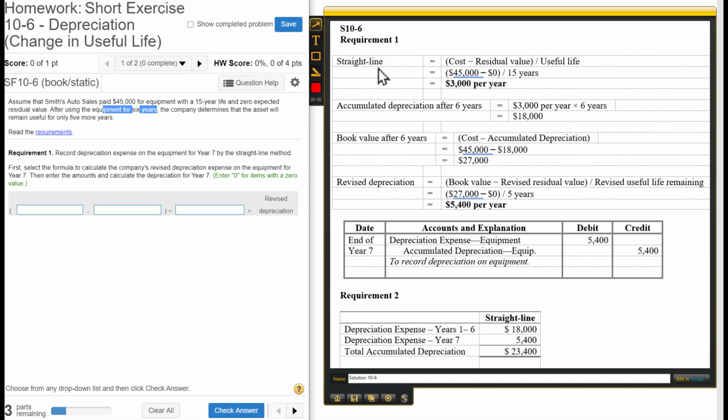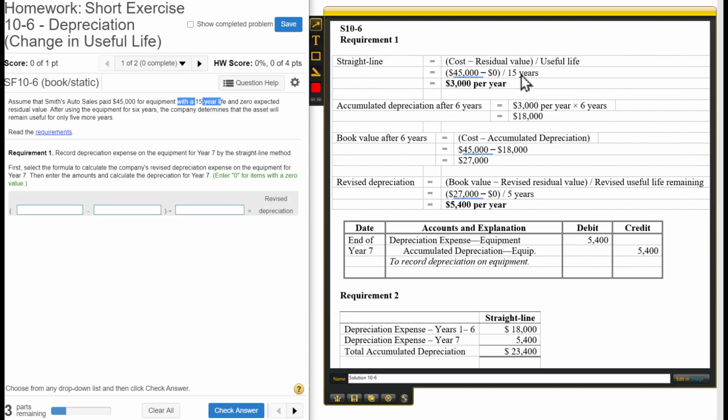So since it's straight line, the formula is cost minus residual divided by useful life. Cost is $45,000, which I get from here. Residual value is 0, and I get that from here, 0 expected residual value, divided by the useful life, 15 years.